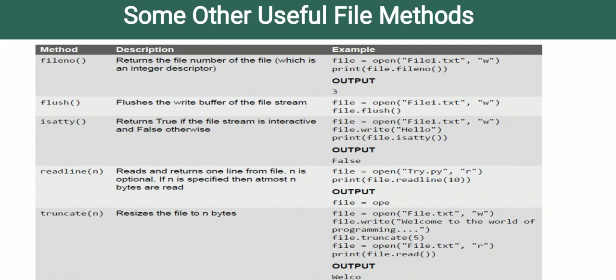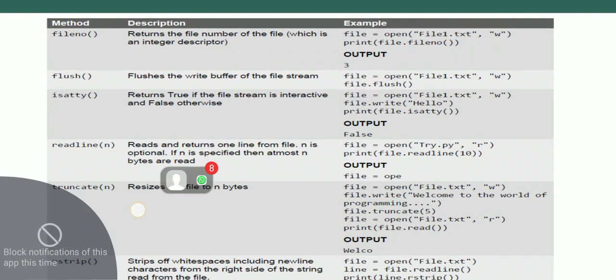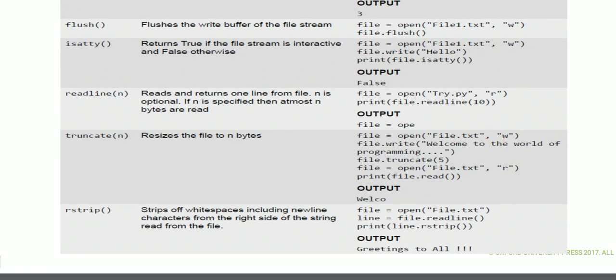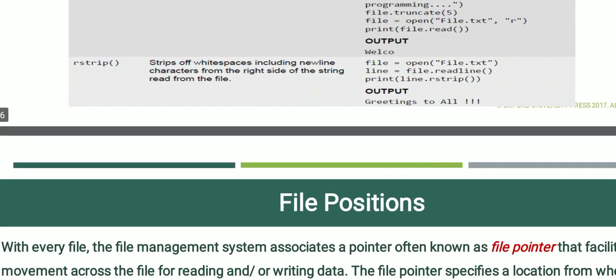Readline, we have seen already. Truncate resizes the file to n bytes. Rstrip deletes or strips white spaces including new line characters from the right side of a string. We have seen this one also in the string operations.